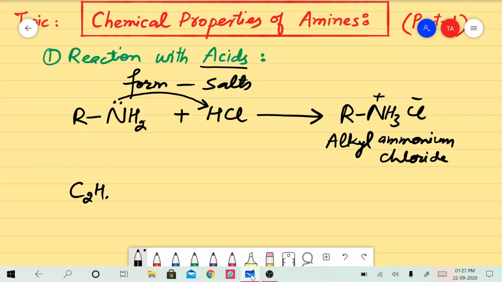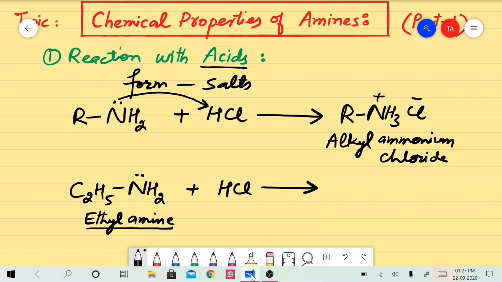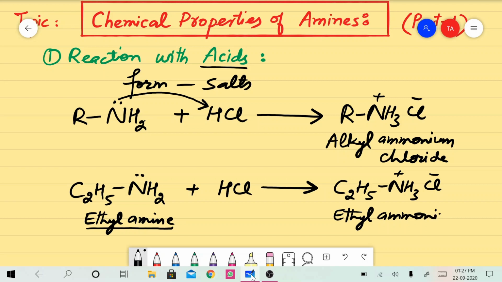If we take the example of ethylamine, ethylamine reacts with hydrochloric acid and forms ethyl ammonium chloride.